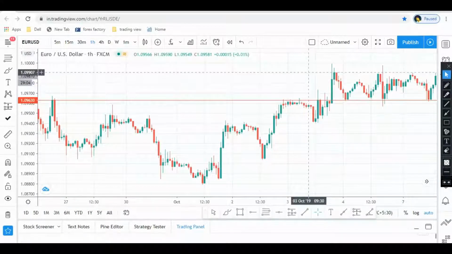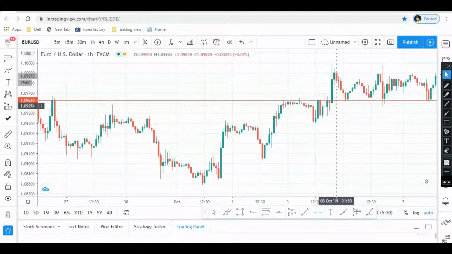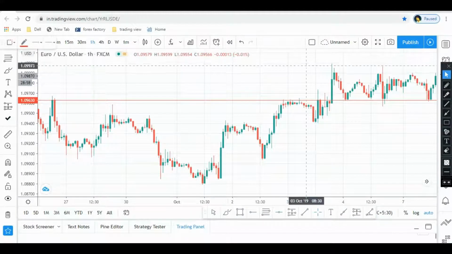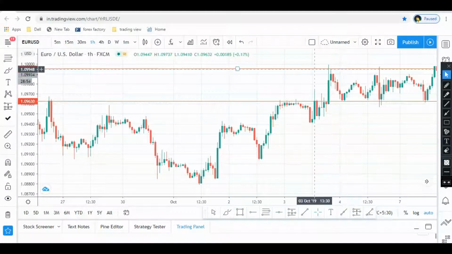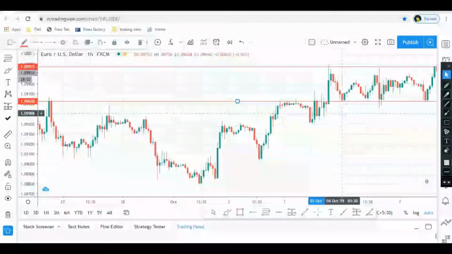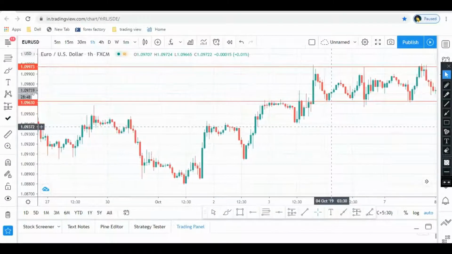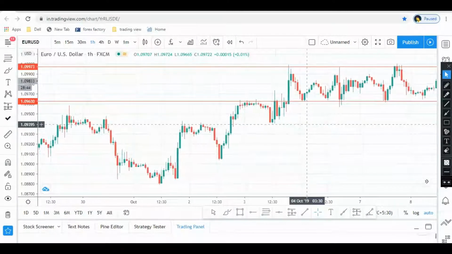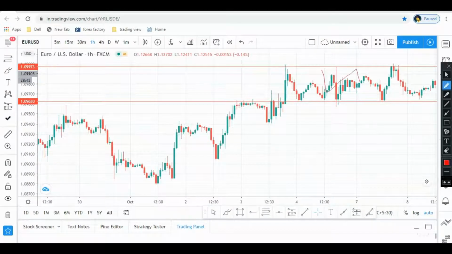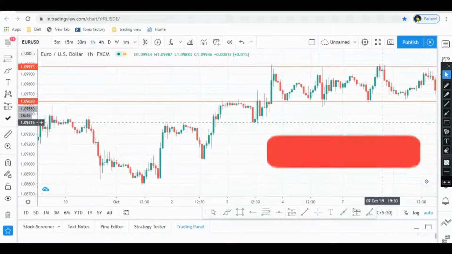And this is also the nearest resistance zone which is currently created by the market. Not this one. Alright, price is ranging in this zone right now. I could not place any trade in this zone.